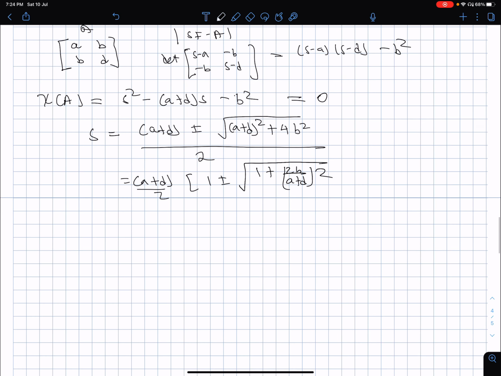So now you can very clearly see that this square root always exists. For example, this could be 2.1, and let's say A plus D is just 2, some number, that's all to calculate. So A plus D by 2 will become 1. So then what will happen to your eigenvalues?